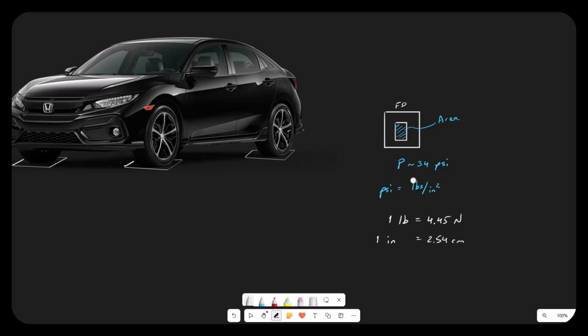So if I've got 34 pounds per square inch, I'm going to go times 4.45 newtons for every 1 pound, and times 1 inch is 2.54 centimeters, but I need this conversion factor to be squared.